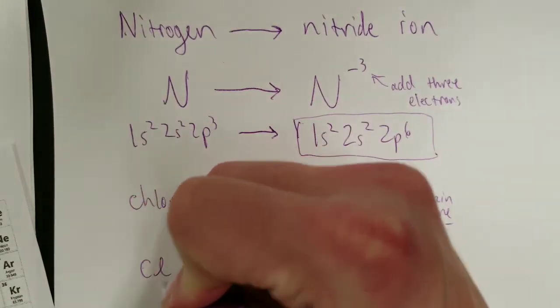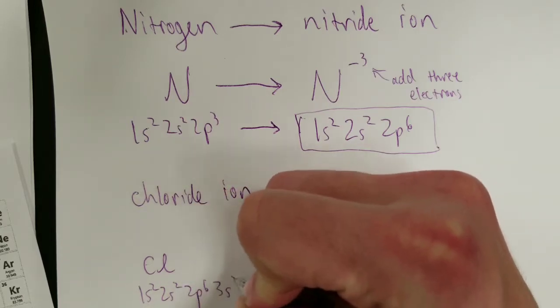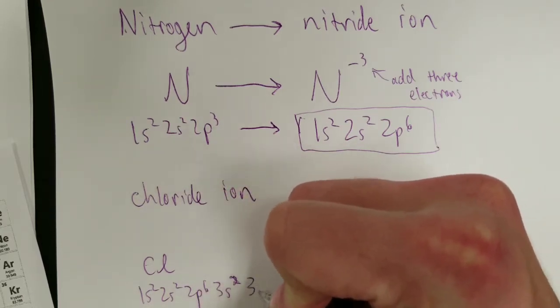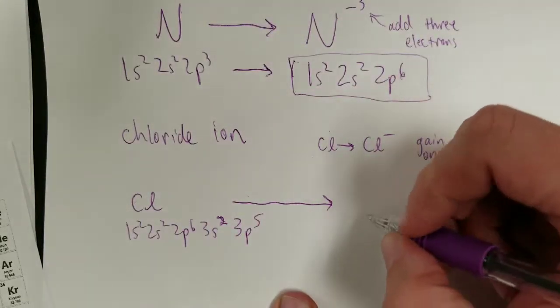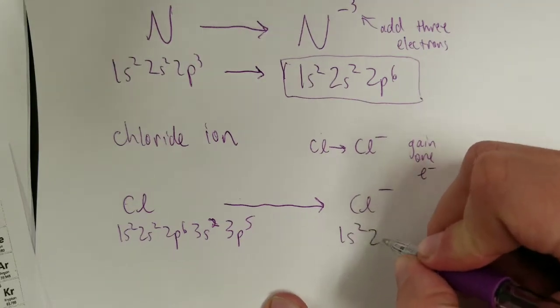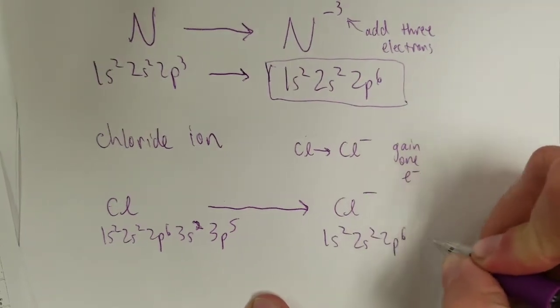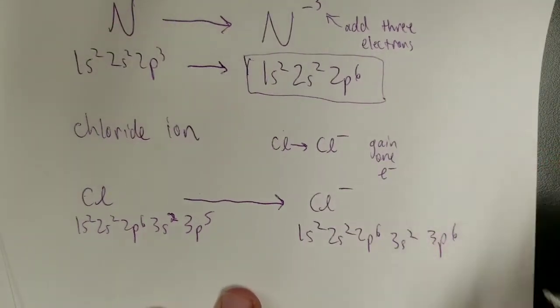It becomes chloride ion by adding an electron. That's 1s2, 2s2, 2p6, 3s2, add 1 electron here, 3p6.